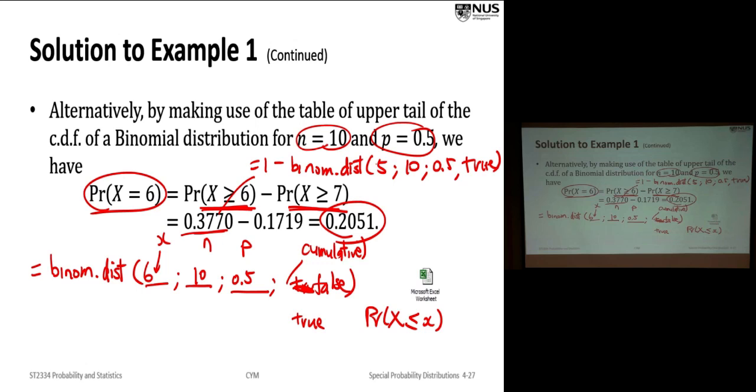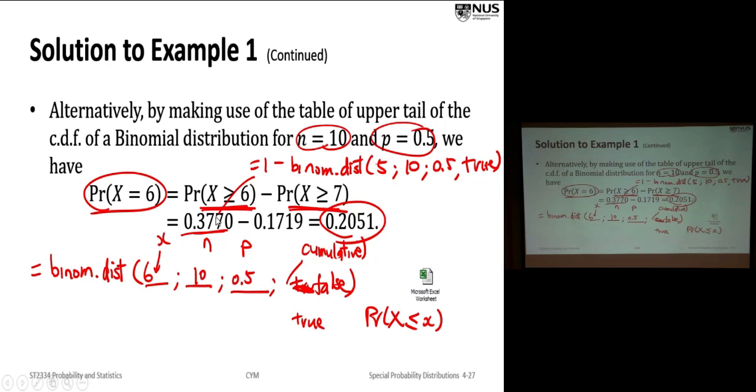So I subtract from the probability of x less or equal to 5, and the remaining is x greater or equal to 6. It's just for you to calculate in case you have access to Excel or some other software or your graphic calculator.